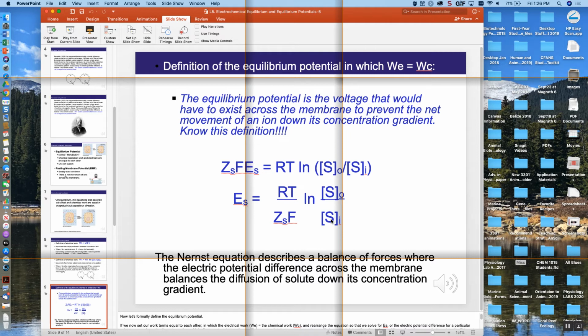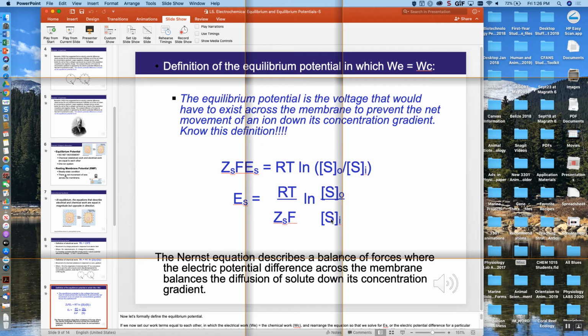How does everyone feel now? Remember, the equilibrium potential is where the electrical work equals the chemical work. And these two forces are exactly balanced, right? Like a teeter-totter. And there's no net movement. Okay? Yes, question? So is sodium moving?